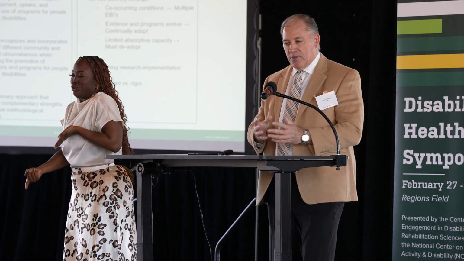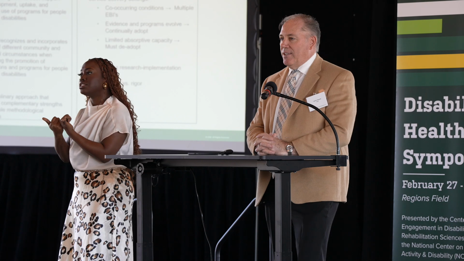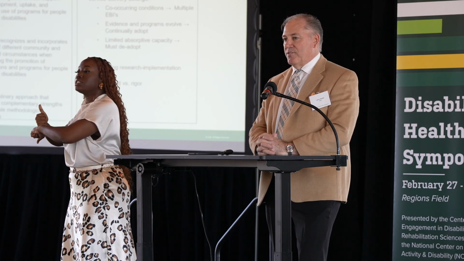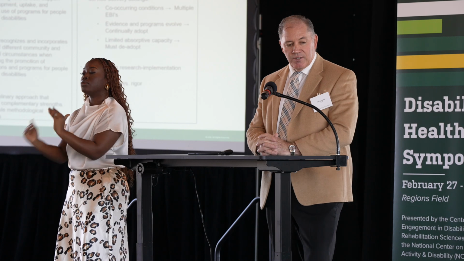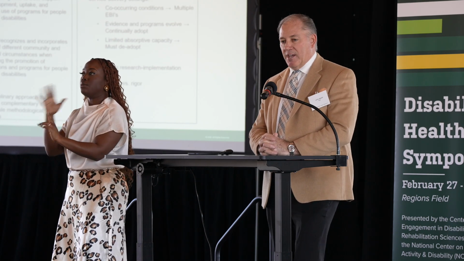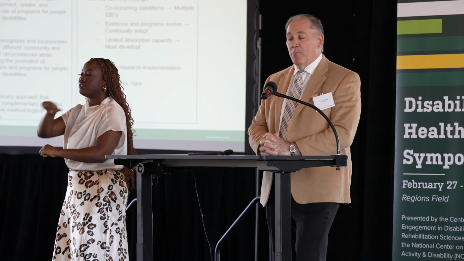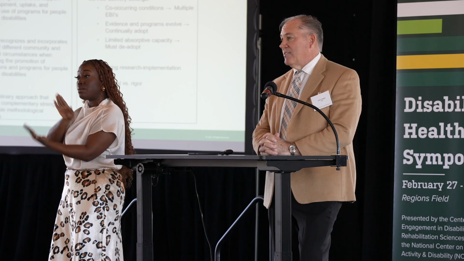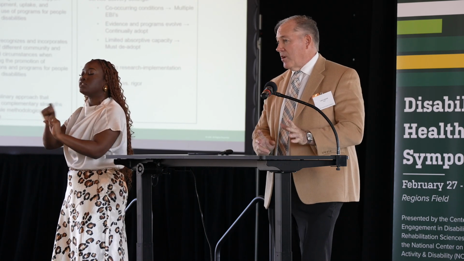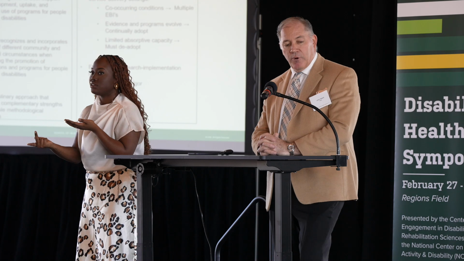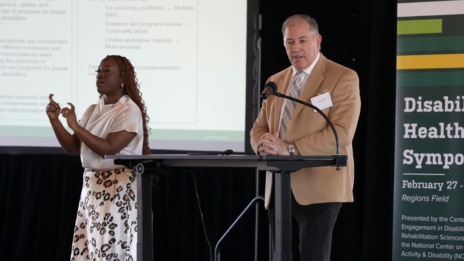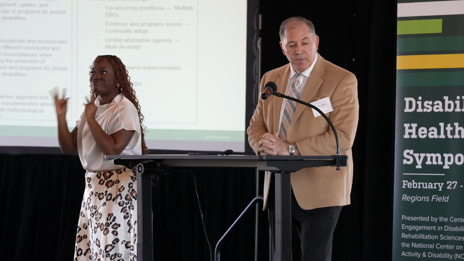So the challenge is designing and implementing interventions that can reflect those co-occurring and comorbid conditions, which typically will demand multiple kinds of evidence-based interventions. And most approaches to implementation science have tried to isolate just one of those interventions and have failed to incorporate those more complex scenarios that I think most people are living with.